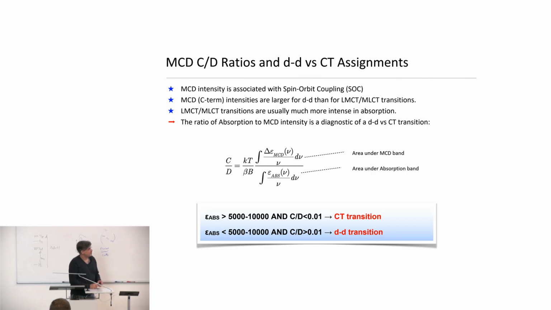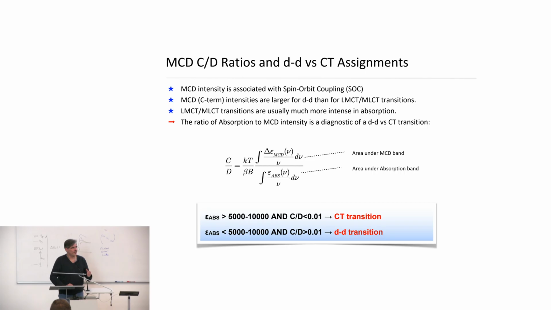Now there are at least empirical rules that can be justified relatively readily from theory, but just empirically, if the C over D ratio is larger than about 0.01, that's a signature of a d-d transition, and a C over D ratio of smaller than about 0.01, that's a signature of a charge transfer transition, right?